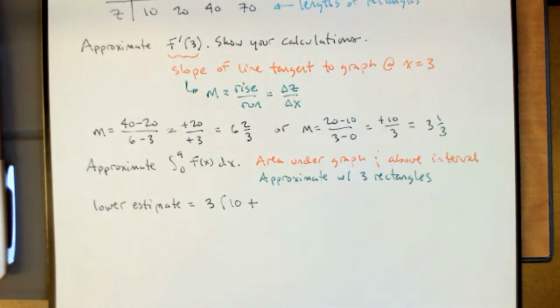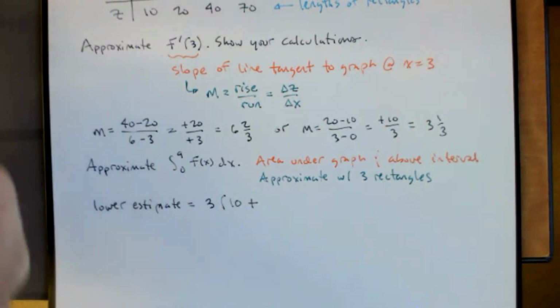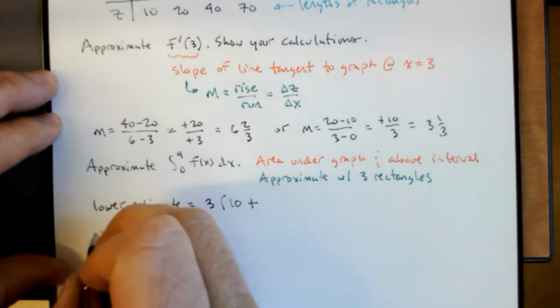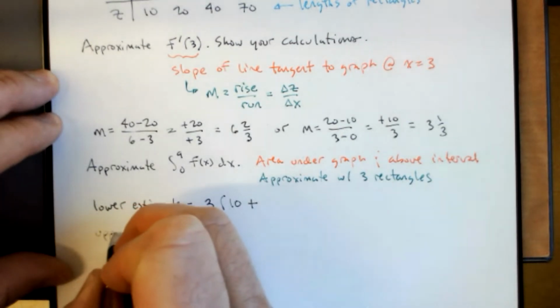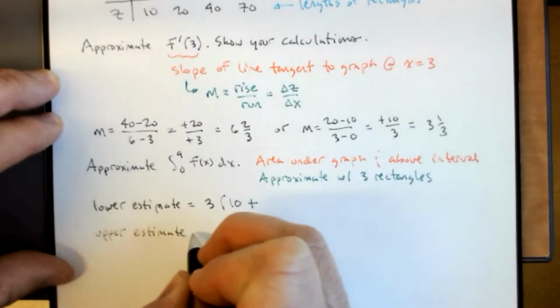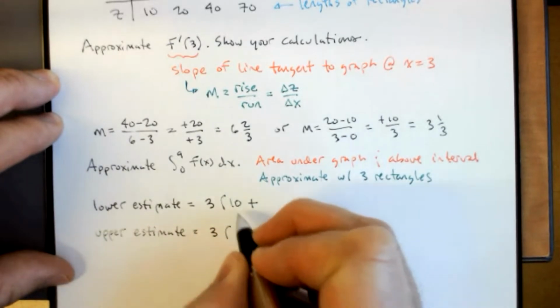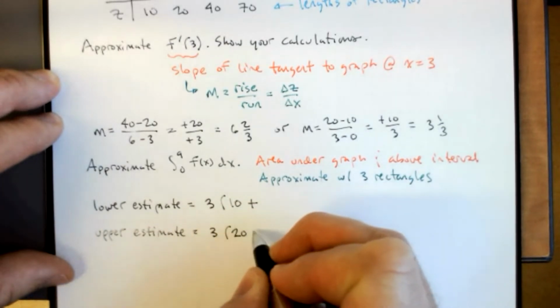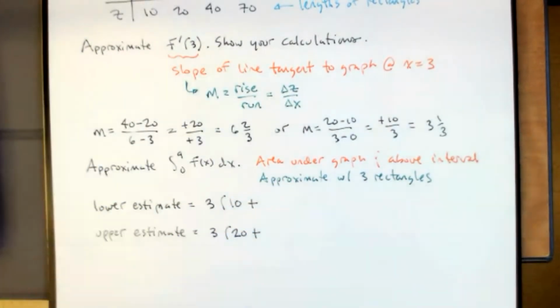In my upper estimate, I'm going to have the same delta x of 3, but I'm going to say that that first rectangle is at most 20, and that'll give me an upper bound on area. There's my width 3, but that first rectangle is at most 20.